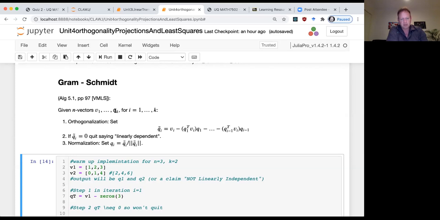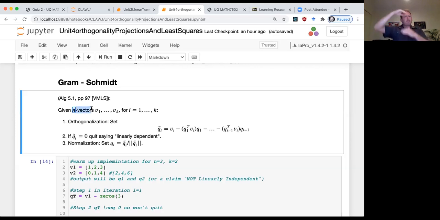And n would be maybe 2,000 or 3,000, the number of features per person. Or maybe they're pictures, and a picture has many pixels, so the vectors will be much bigger. Let's get back to the linear algebra.